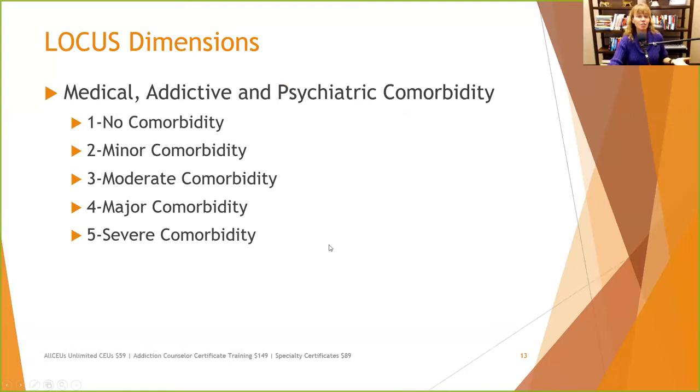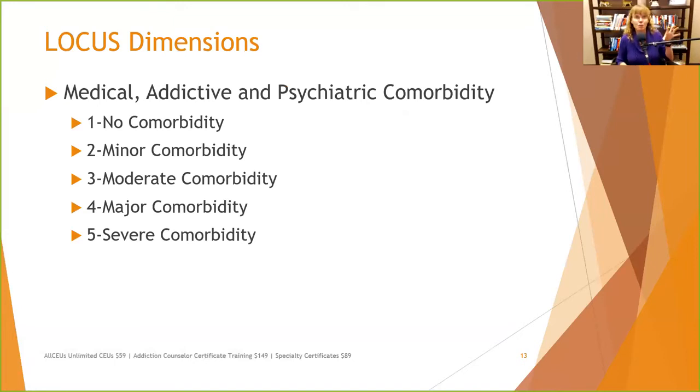The LOCUS then looks at medical, addictive, and psychiatric comorbidity. So they lump together dimensions 1 and 2 from the ASAM here. And if there's no comorbidity, okay, minor. So maybe they have a substance abuse issue, and then minor, mild depression, nothing with psychotic features or anything.